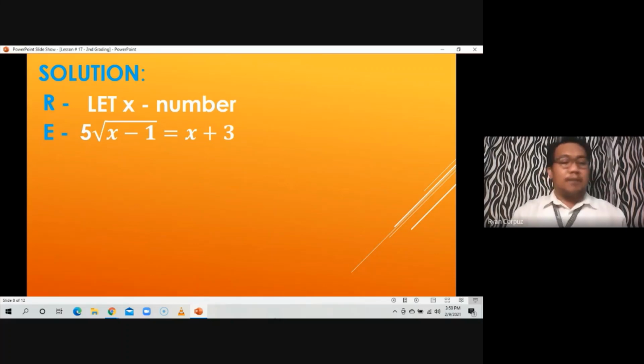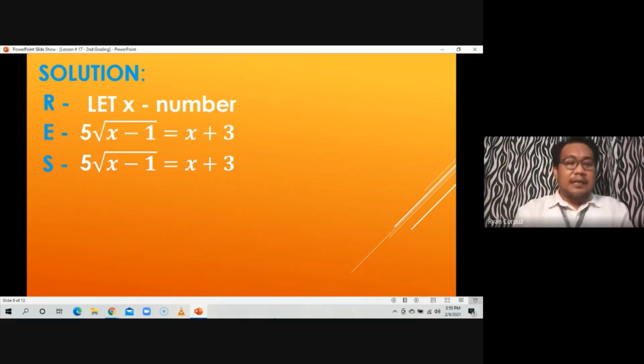So since we already have the equation, we are now going to apply raising both sides of the equation and solving for that given equation. So we can now apply removing the radical sign by raising both sides of the equation to the power same as the index. So even though nasa labas yung 5 na yan, kasama pa rin siya when we raise this para matanggal yung square root sign na yon.